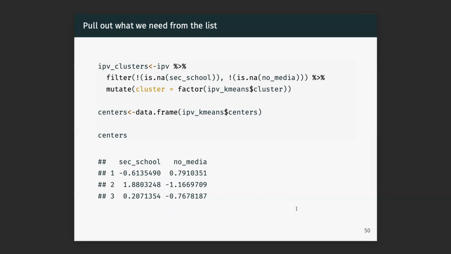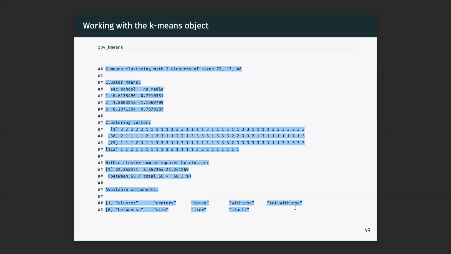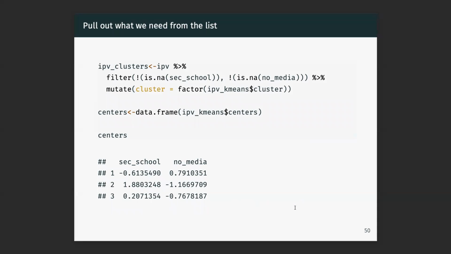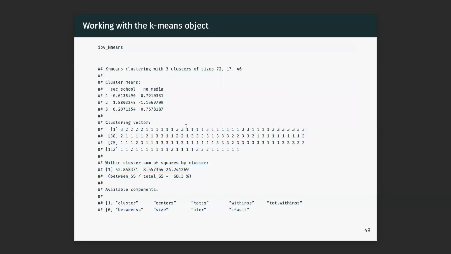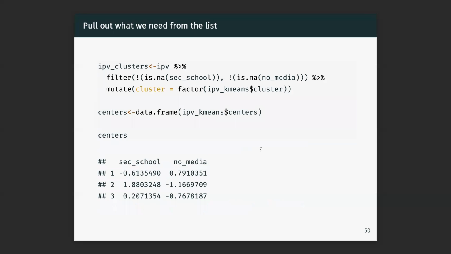In order to pull out these objects, I'm going to take my IPV measure, and then I'm going to assign to it the cluster value. So we have this vector here, 3, 2, 1, 3, 2, 1, within the IPV k-means object, and it's called cluster. That's the name of the object.